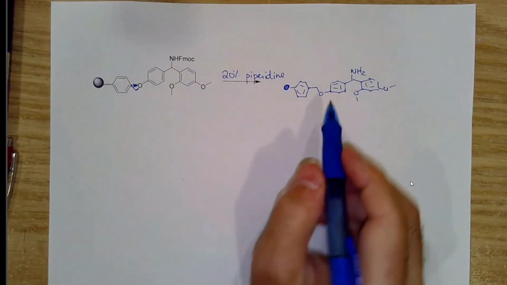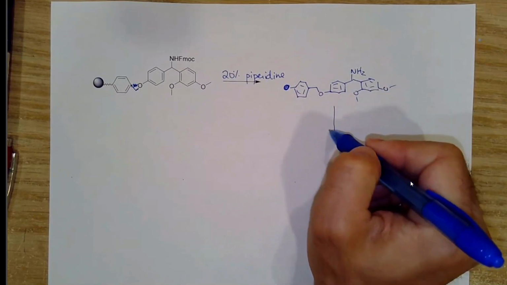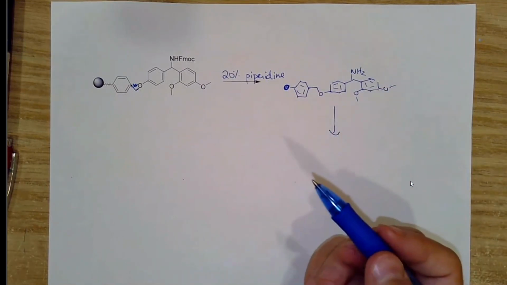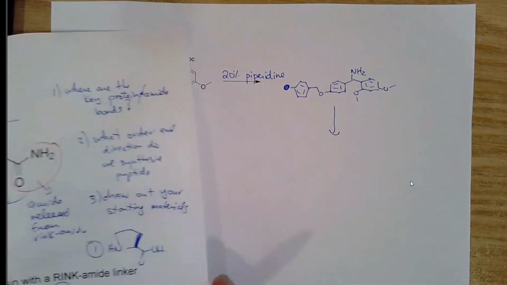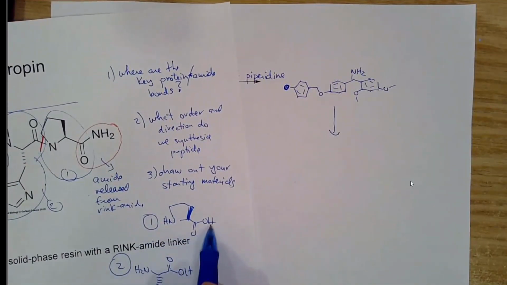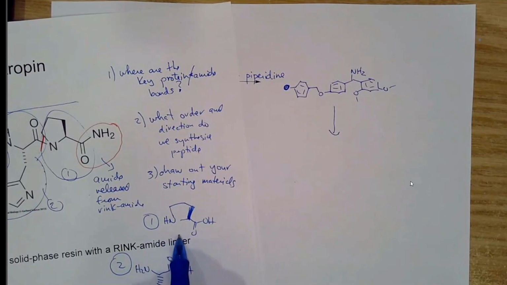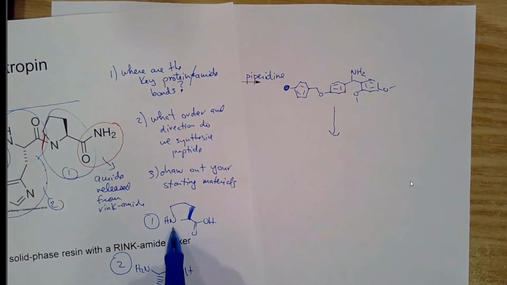All right, so now that we have our primary amine, we can start building our peptide, right? If we look at our first starting material, you can see that it's proline, and I'm showing it to you right here.